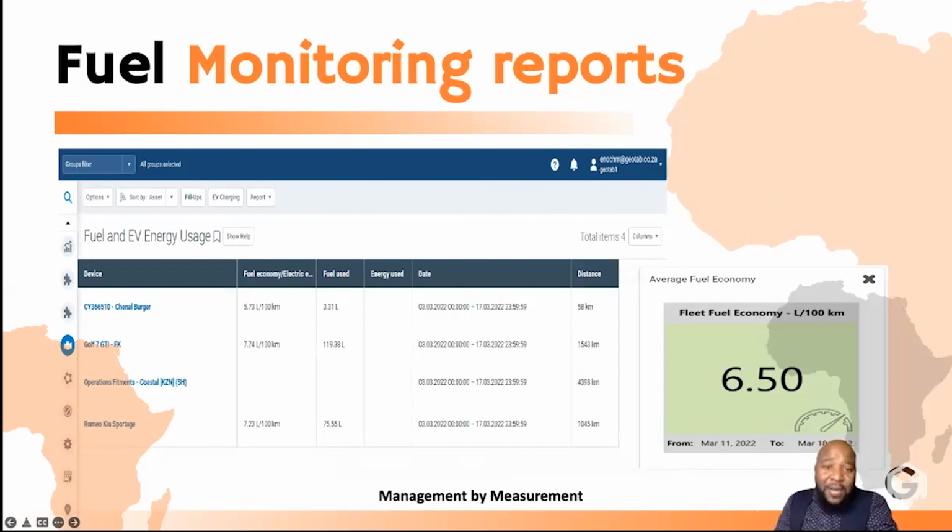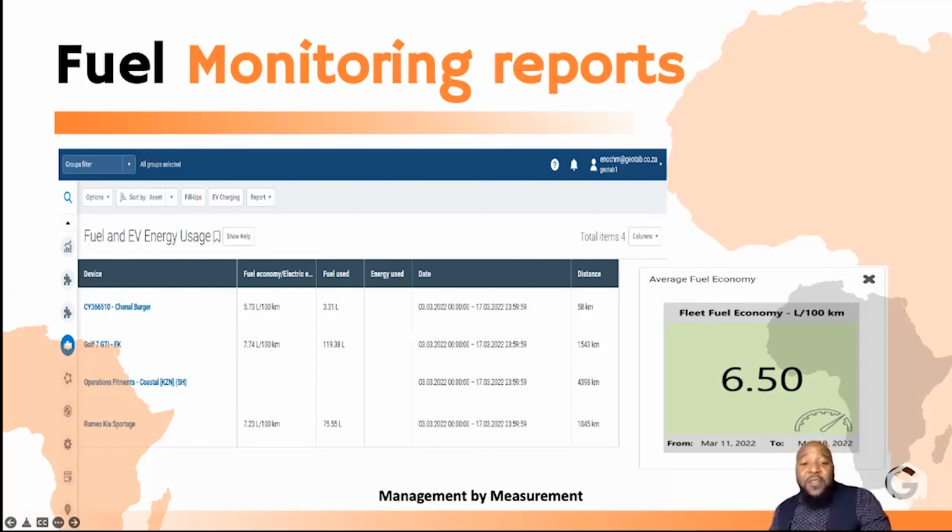Here we have the fuel usage and fill-ups report. This is the second report. Every time the telematics device detects a fill-up event, it will appear in this report. This helps you to identify fuel-related fraud, for example, by contrasting these events with fuel usage and transaction data. This report will assist fleet managers to have a bigger picture of the fuel economy of their vehicles, providing coaching opportunities for vehicles that have a high fuel economy.